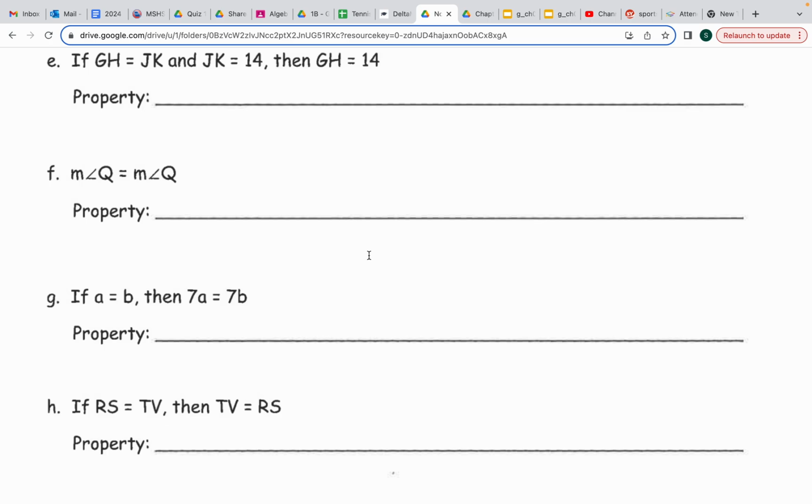Reflexive. What about G? This is multiplication. All right, and then finally, what about H? That's symmetric. Okay? So just use those notes to help you, but that last one's symmetric. Okay, do we need to repeat any of those other ones?